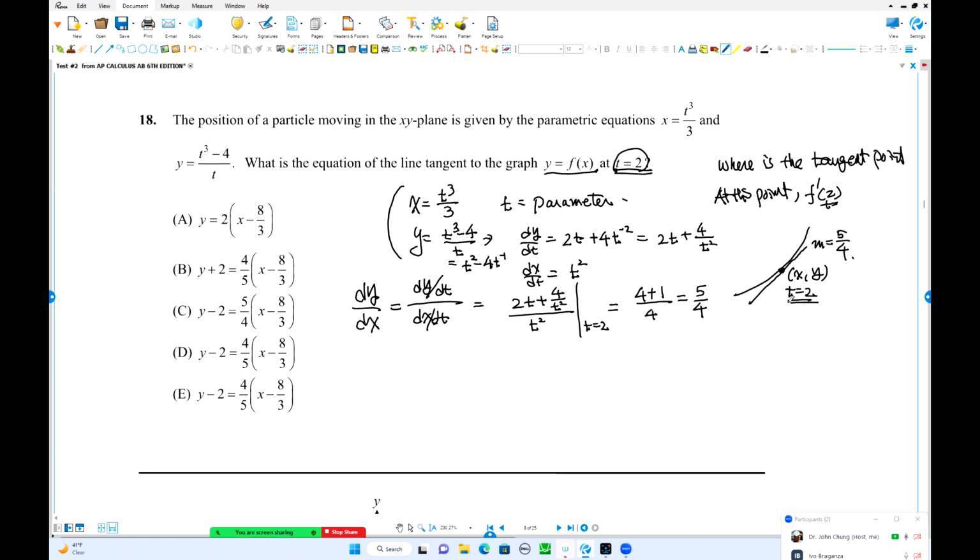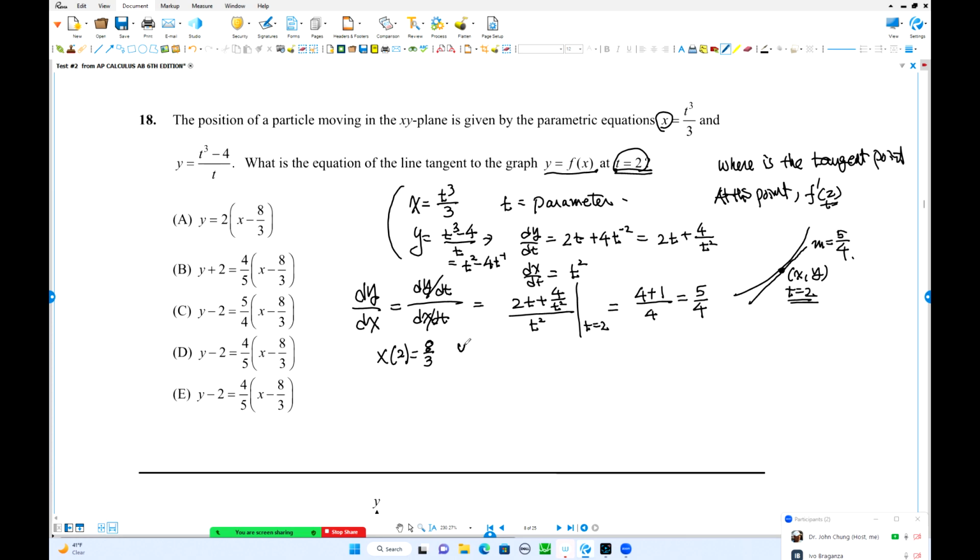Put this number into here, right? So x of 2, how much? t cubed, 2 cubed is 8. 8 over 3, right?